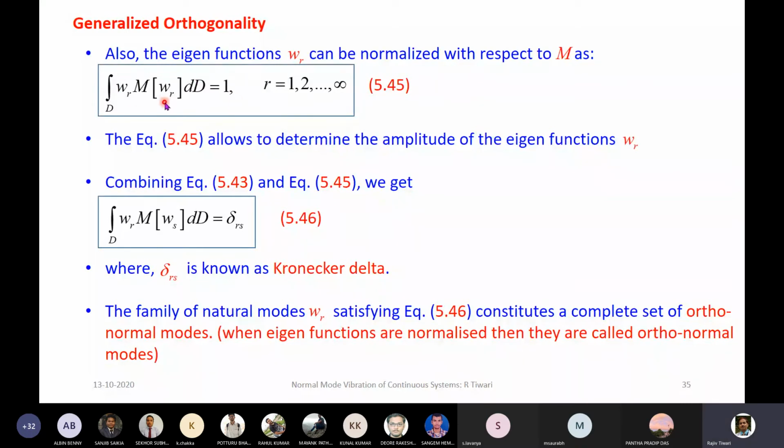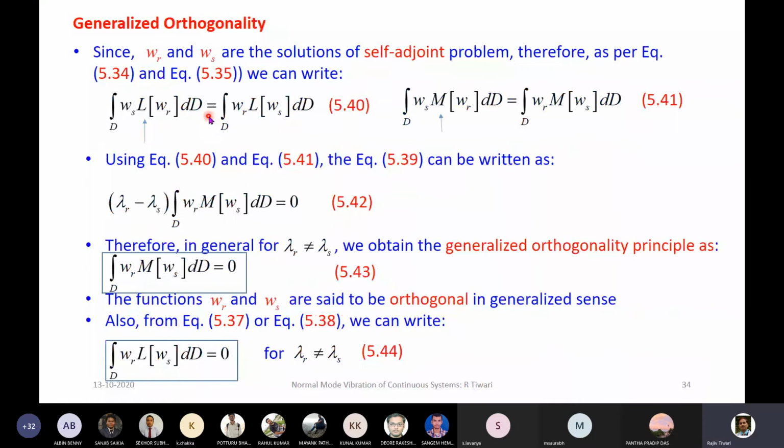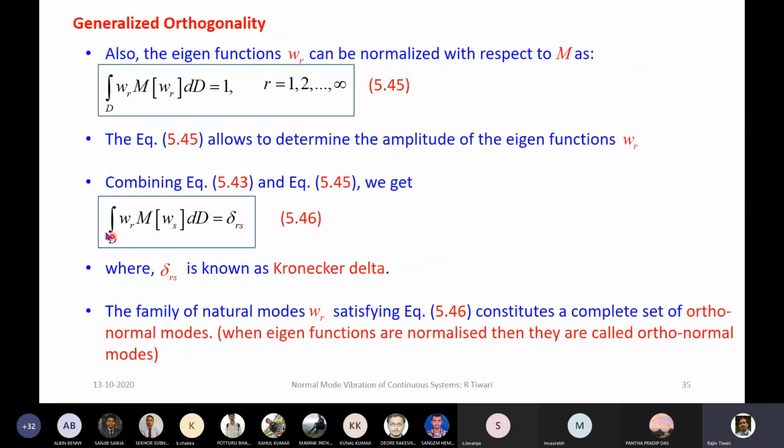Now, if you do this normalization along with the orthogonality conditions, we are able to combine them in one equation like this. This is a Kronecker delta function, which will be 0 if R is not equal to S. That gives us the orthogonality condition.